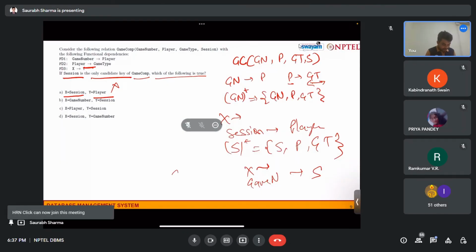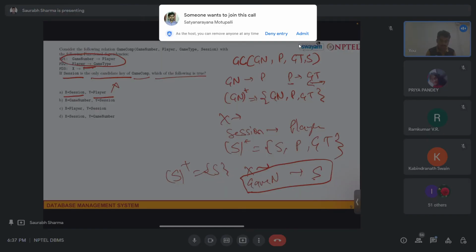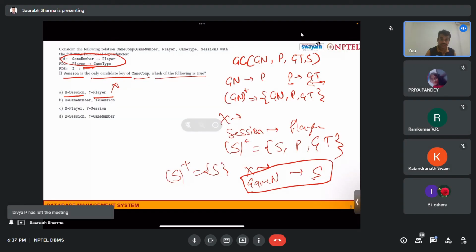If we take the closure, we end up with session only, because from session we will not be able to go anywhere from these functional dependencies. Next is player and session. If player determines session, again we end up with the same thing only.